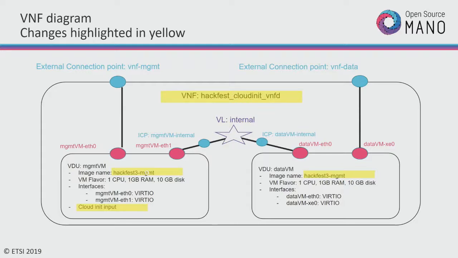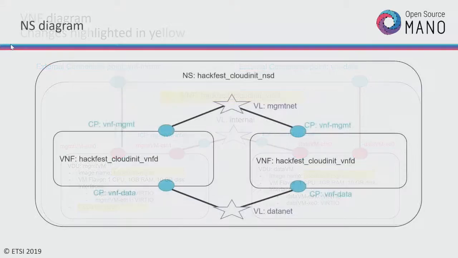The 2 VDUs are connected with an internal virtual link, and for this reason we are using the internal connection point in this case. And here you can see the changes in the multi-VDU descriptor are the image and the Cloud Init file, okay? And if you see the network service, it's the same. We implemented 2 VNFs connected through one network, which is the management network MGNT-net, and the other network is DataNet.